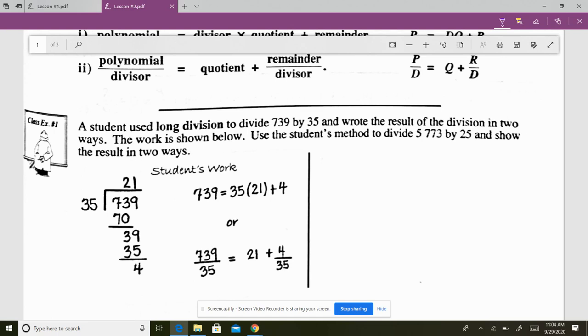What are we going to do here? We're going to divide 5,773 by 25. Okay, so we're essentially doing this. 5773. There's a couple ways you can write it. You can write it like that, or you can write it as a fraction like that.